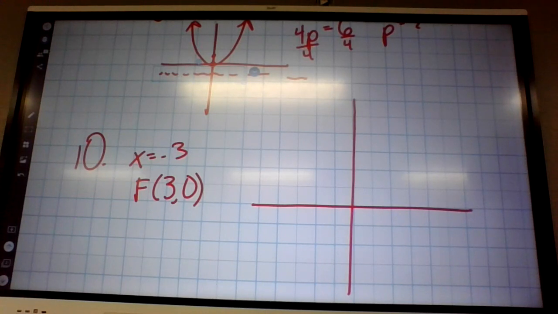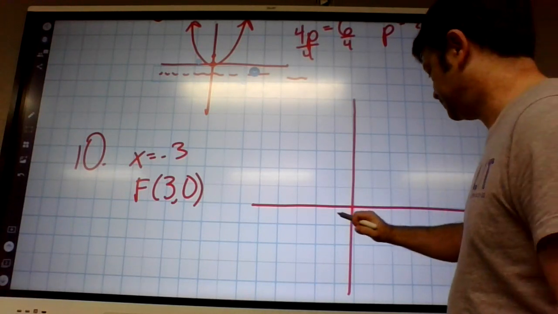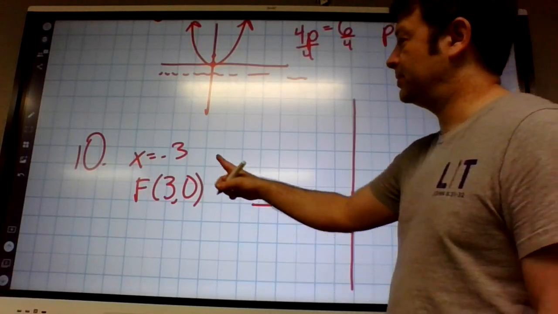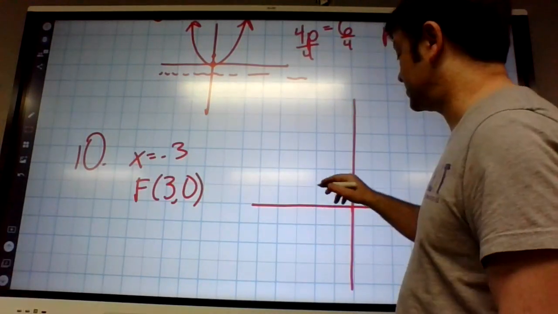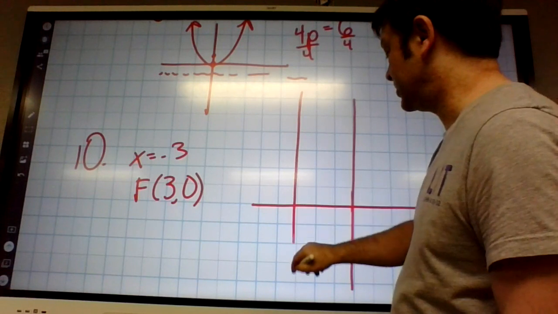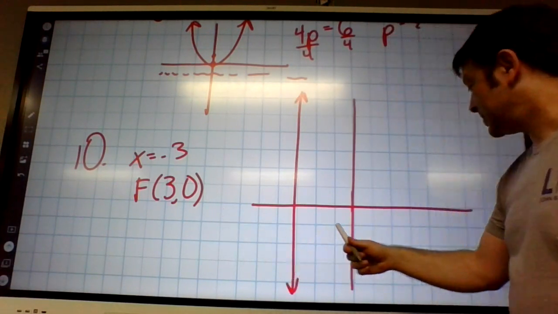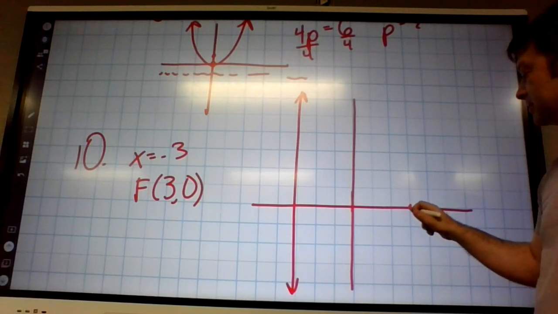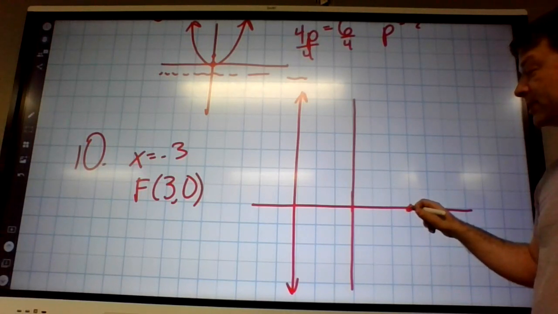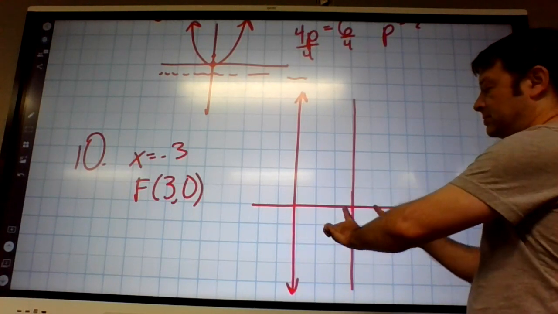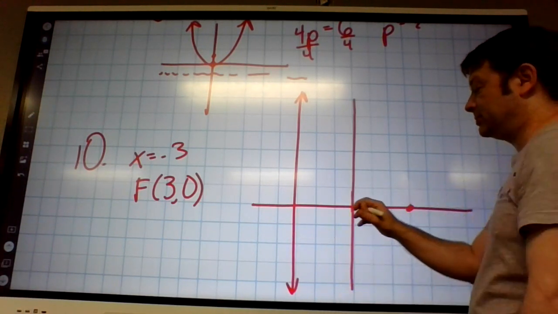So the directrix is x equals -3, just like out here, this line. And the focus is at 3, 0. So where is the vertex going to be? Right in the middle, 0, 0.